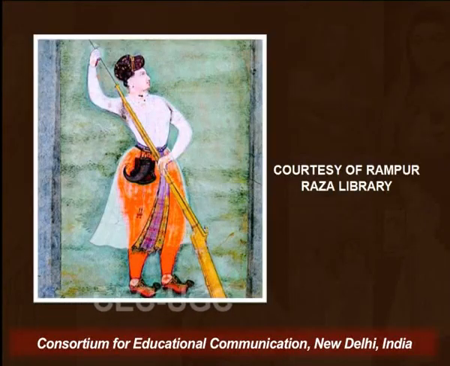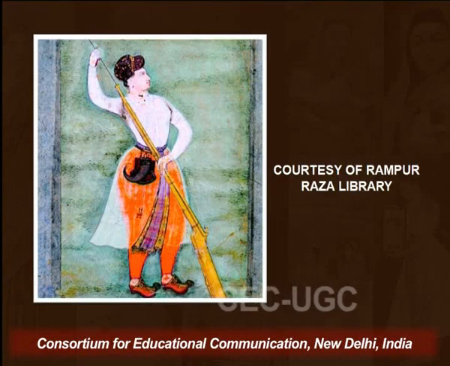This dress in itself displays power, her ability to wield a gun which was as long as herself, and the kind of aura, the body language that this painting depicts, clearly makes us believe that definitely here was a queen who was no less than the king.